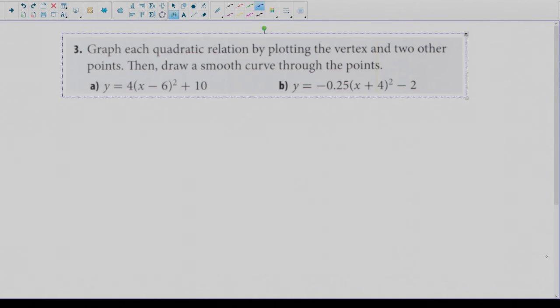Okay, let's keep going. So here it says graph each quadratic relation by plotting the vertex and 2 other points, then draw a smooth curve through those points. So what are they asking you to do here? They're just asking you to do those 2 tables like I just showed you again. So let's say we do B here.